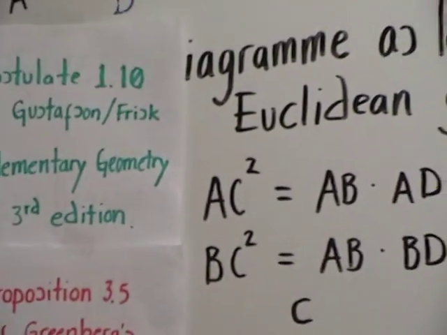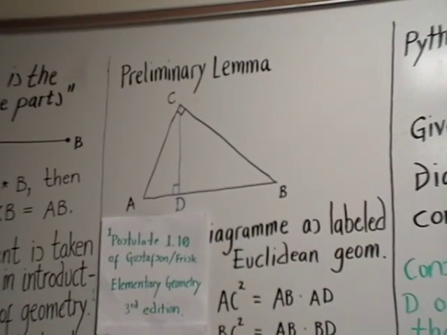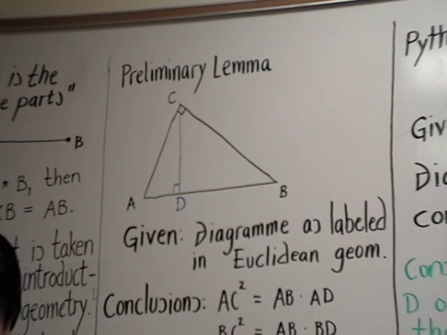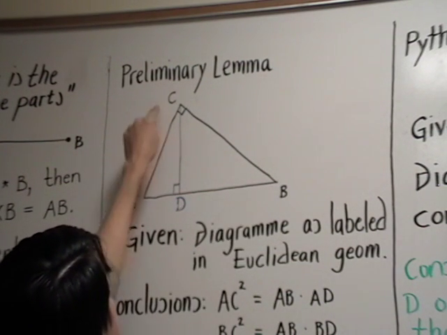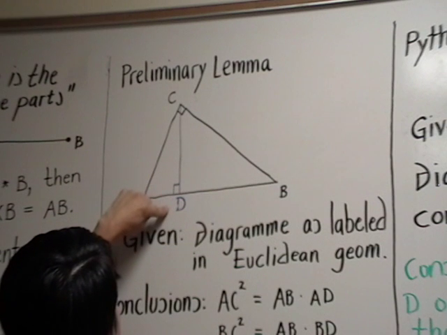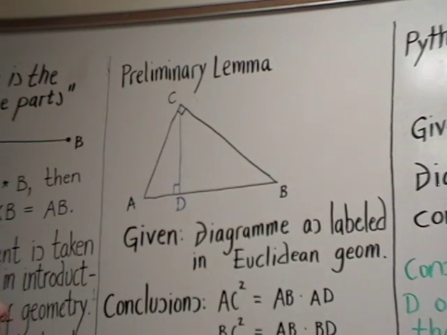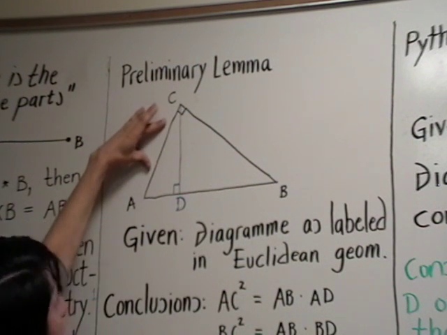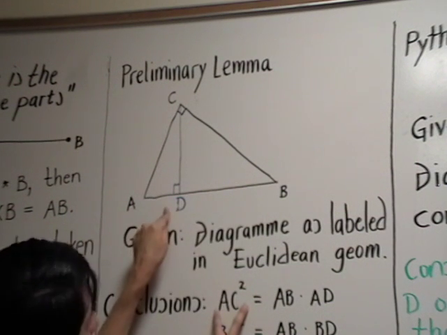Alright, now let's take a look at a preliminary lemma that's going to help us with our proof of the Pythagorean theorem. It says the following. If you are given a right triangle ABC with an altitude dropped from C onto AB, call it CD, in Euclidean geometry, then one of the conclusions is that this leg squared is the product AB times AD.